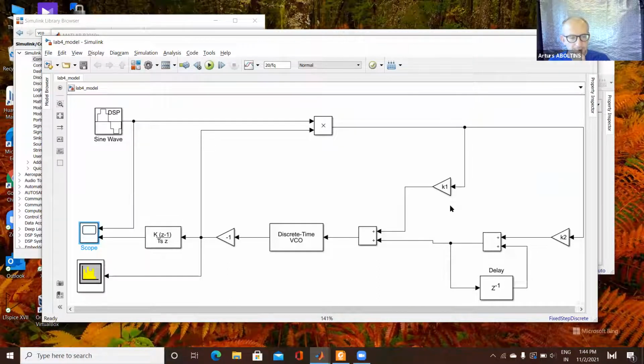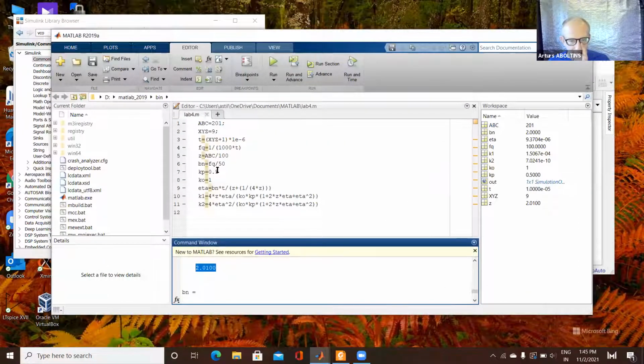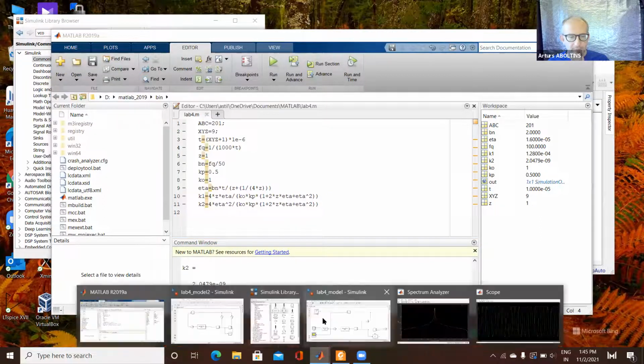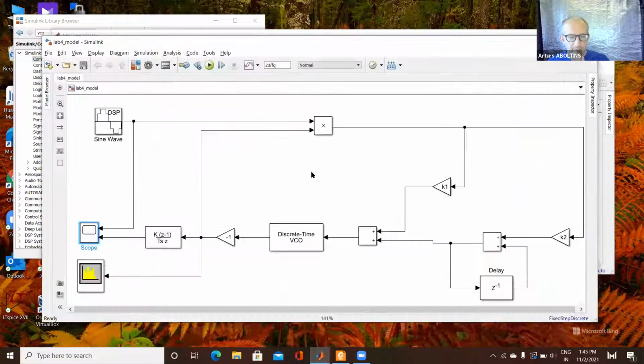This is the -1. Yeah, if you put zeta 1, does it synchronize? Just put 1 there and that's it. Okay, let's run.